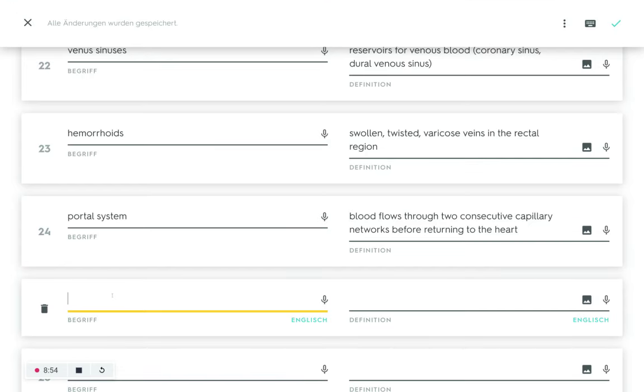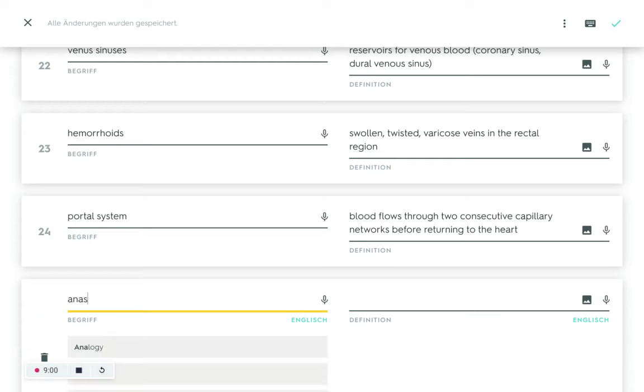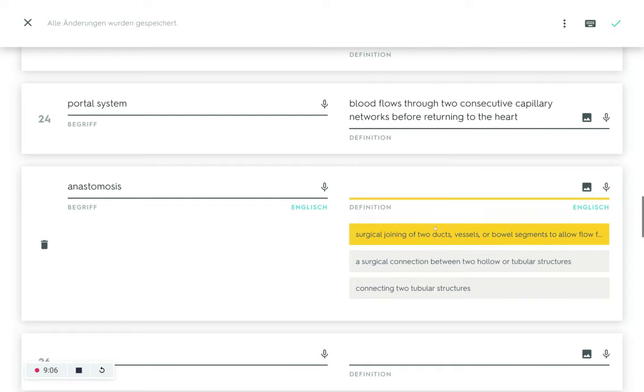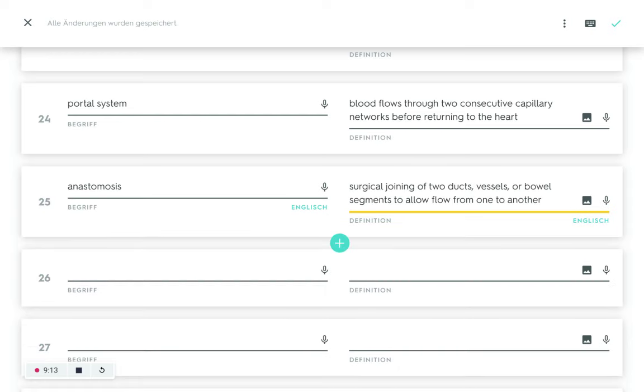Now the simple one is really simple. So the anastomosis, which is going to be on a quiz. Remember he said that. The anastomosis, surgical joining of two duct vessels or bowel segments to allow flow from one to another.